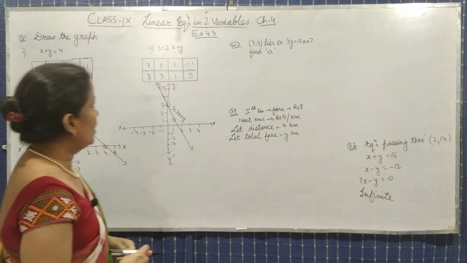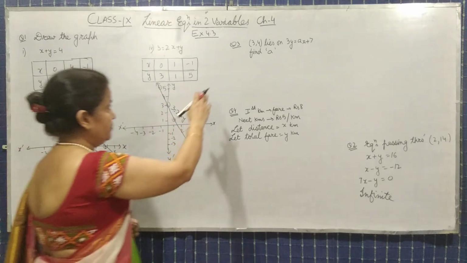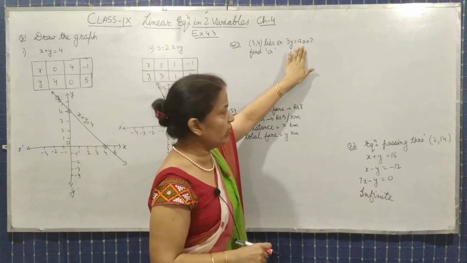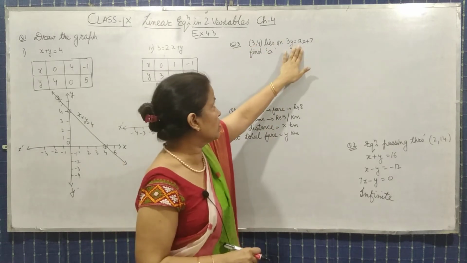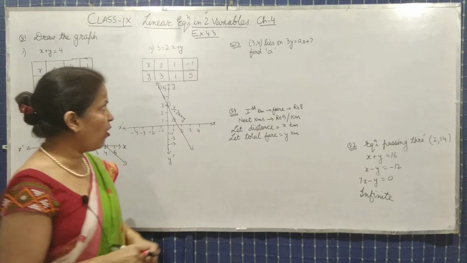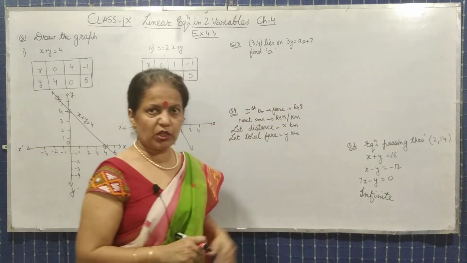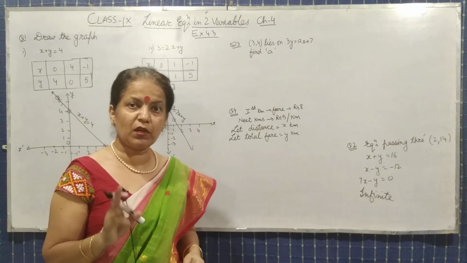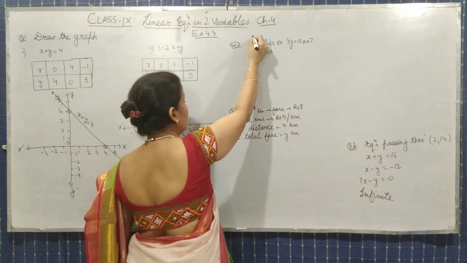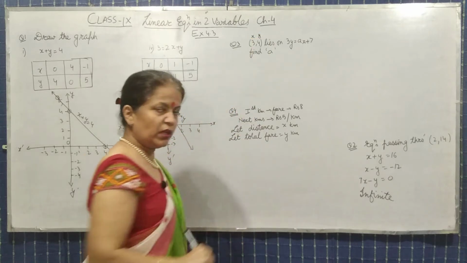Okay. Now question 3. Question 3 is: 3, 4 lies on this linear equation, find the value of a. Since it lies on this equation, it must satisfy the equation. So this is the x first value and the other one is y.